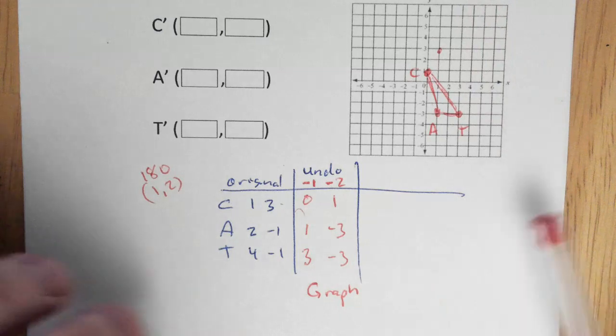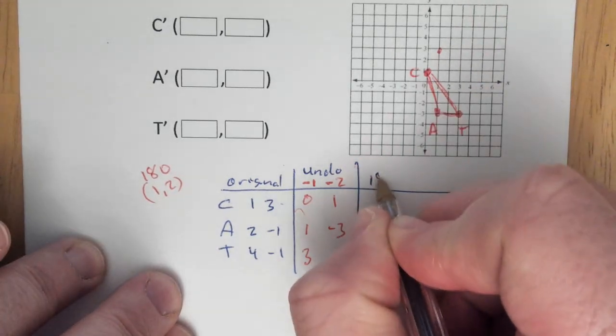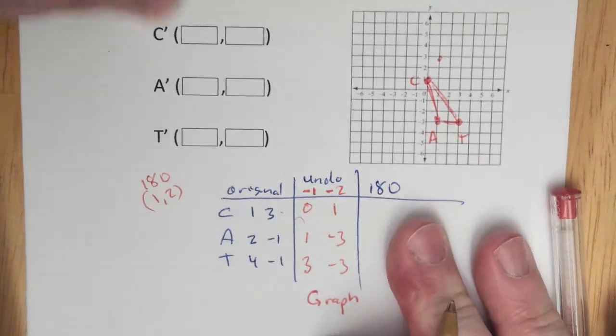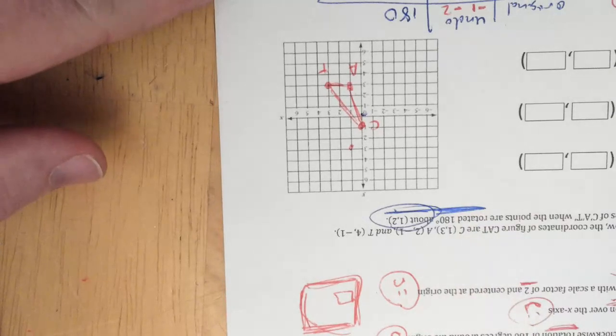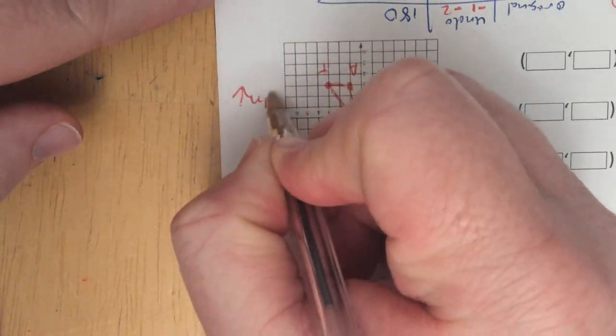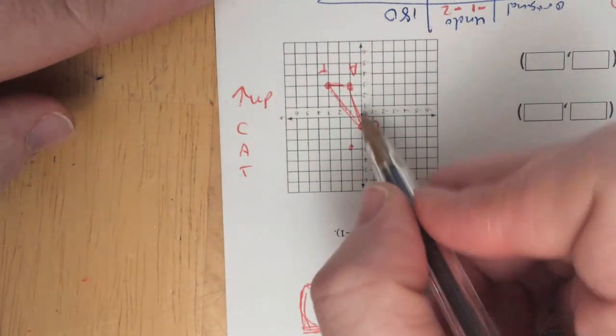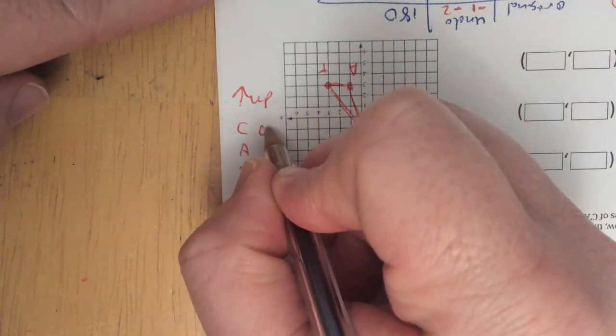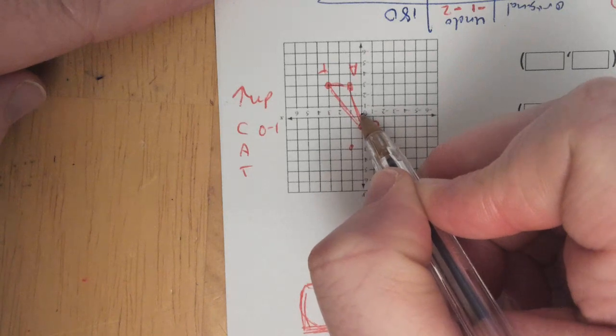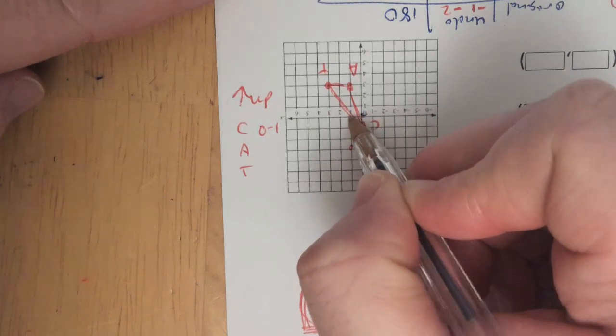Okay, so now we're going to rotate this 180 degrees. They didn't say which way, so we go against the clock. Boop, boop. And where did we land? So if this is up, we're C, A, and T at this moment. C is at 0, -1. Your A is at -1, 3.